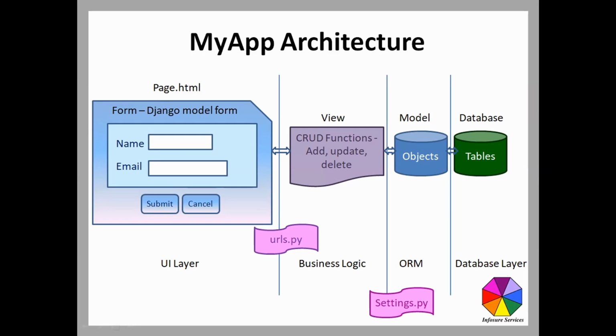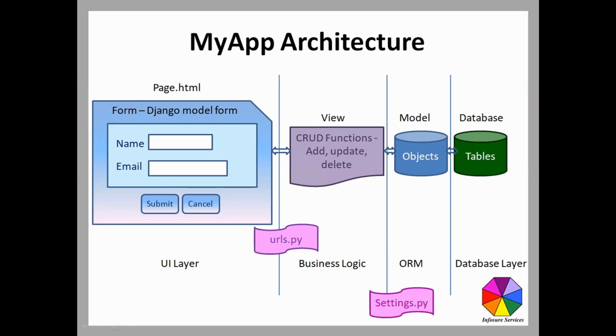We have now models. So models, view, template. Now here is the various high level. You have the UI layer here, user interface, and this one has the business logic here. So view has business logic. You have the add button coded here as Python functions: update, delete.